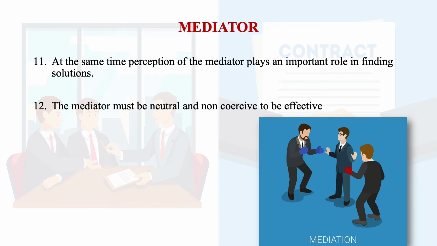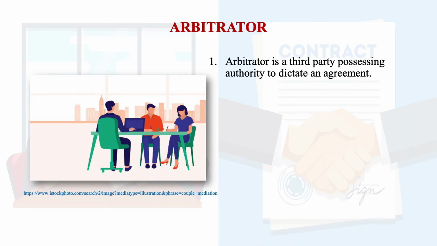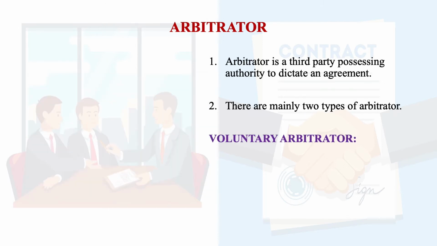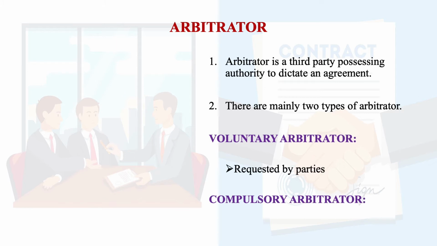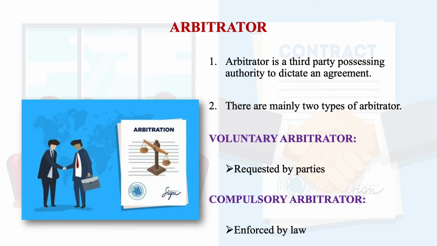Now let's talk about who's an arbitrator. An arbitrator is a third party possessing authority to dictate an agreement. There are mainly two types of arbitrators: the voluntary arbitrator, which is requested and involved in the negotiation by the parties concerned, and the compulsory arbitrator, which is enforced by law.